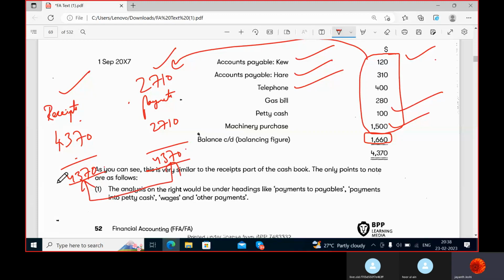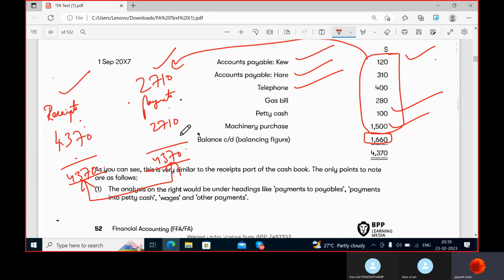But practically you see these two are not equal, correct? So how will you equate them? What you can do is see the difference amount between 4370 and 2710. What's the difference amount?